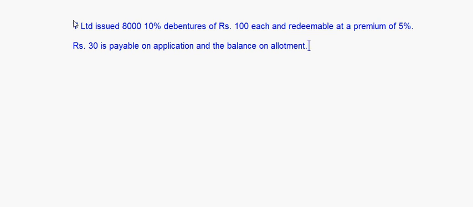Okay. Rupees 30 is payable on application and the balance on allotment, right?